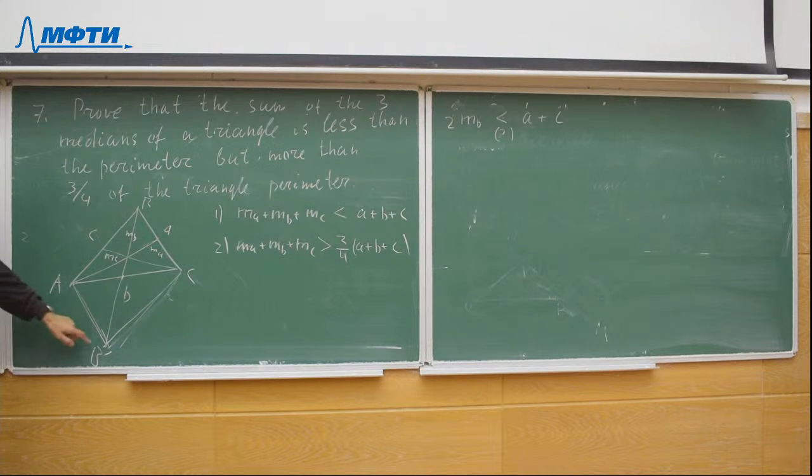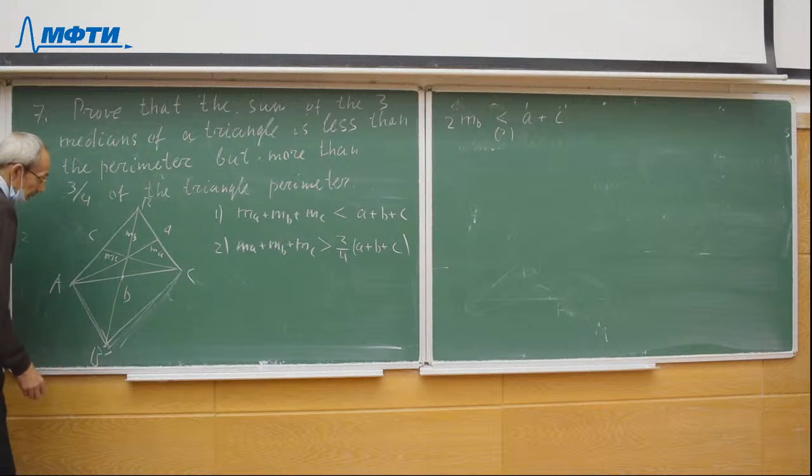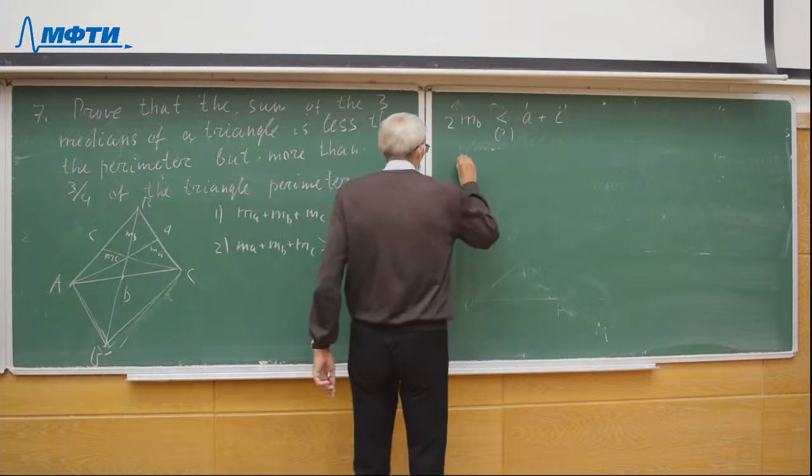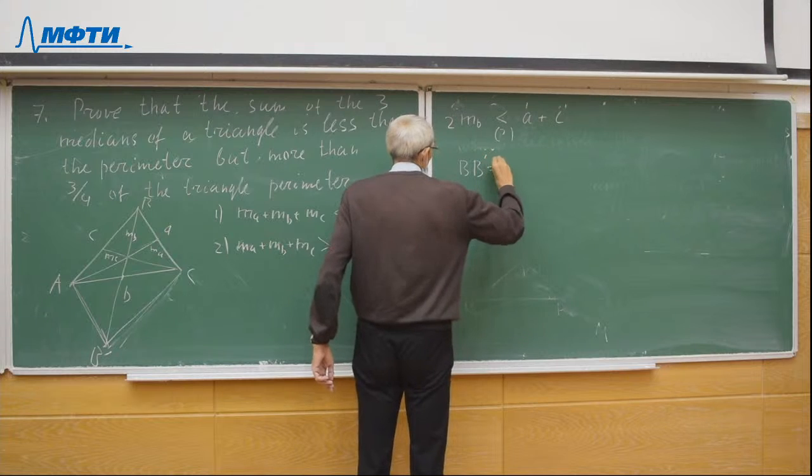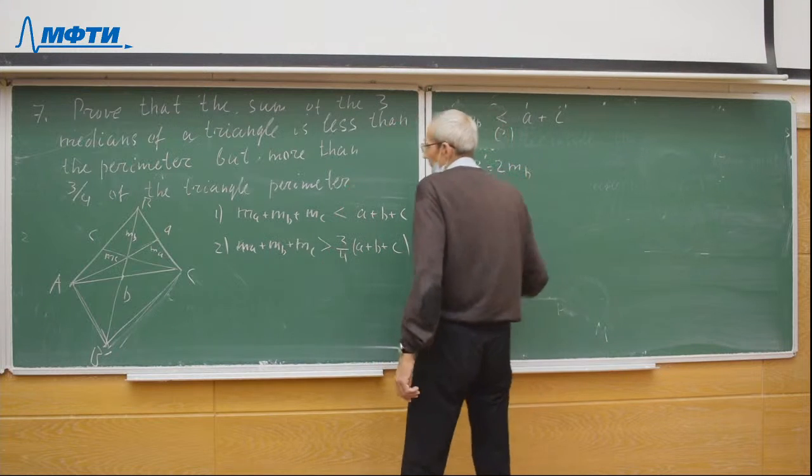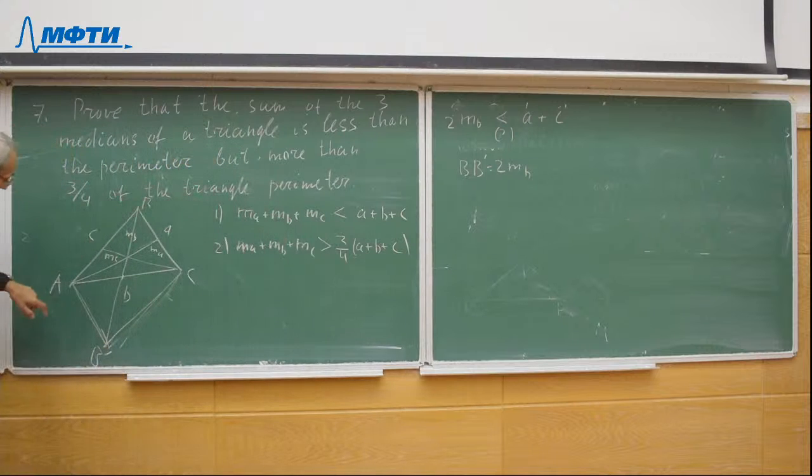Let B prime be such a point that AB prime is parallel to BC, B prime C is parallel to AB, and this side is equal to this side. This triangle AB prime C is equal to triangle ABC, and BB prime is equal to 2MB, and AB prime is equal to BC.